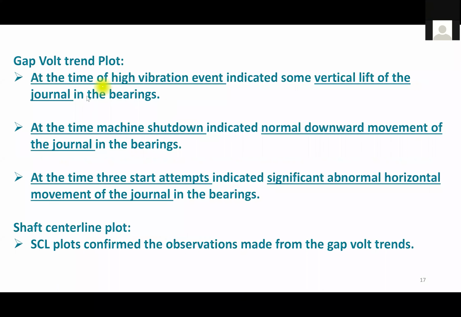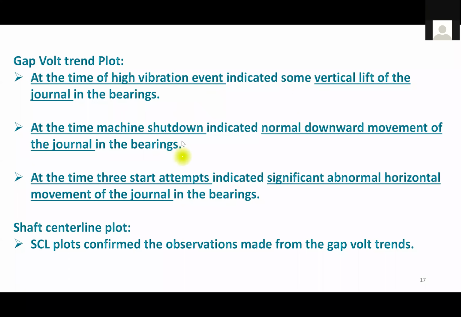At the time of the high vibration event, as I told you, it took around 120 seconds for the vibration to rise from 30 microns to 200 microns and trip the machine. During that time, if you look at this shaft centerline trend plot, it shows a vertical lift of the journal within the bearings.